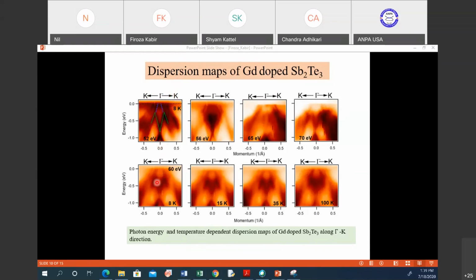So we would find the position of this Dirac-like state by using the MDC curve and time-resolved ARPES in the next slides.